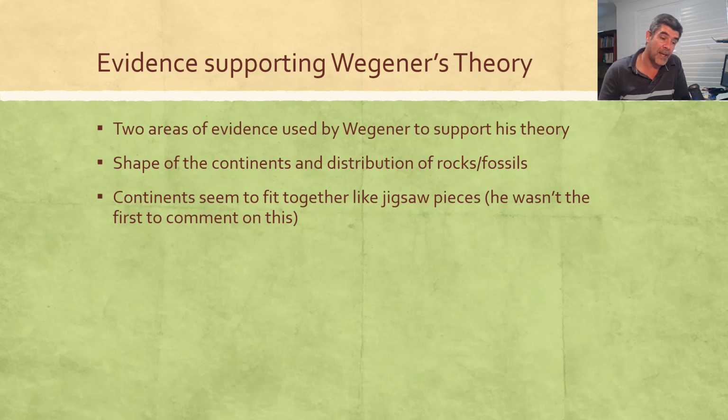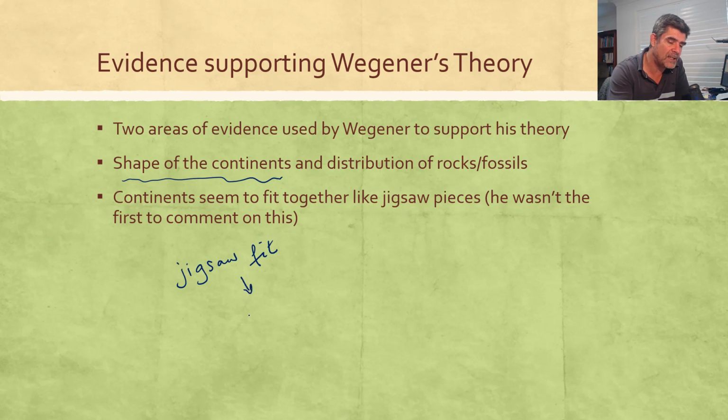that Alfred Wegener made. So he actually used two very important pieces of evidence in order to help support his theory. The first of those was the shape of the continents, and we've already had a quick look at that in terms of the jigsaw fit. And I guess the reality is this is most easily seen for the continents of South America and Africa.